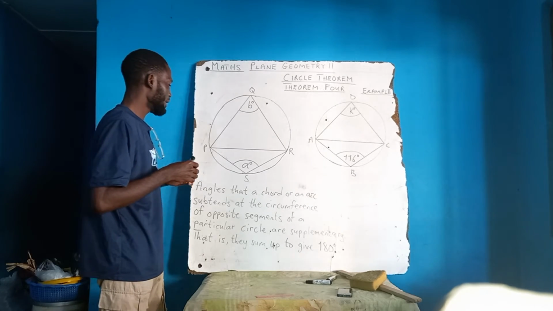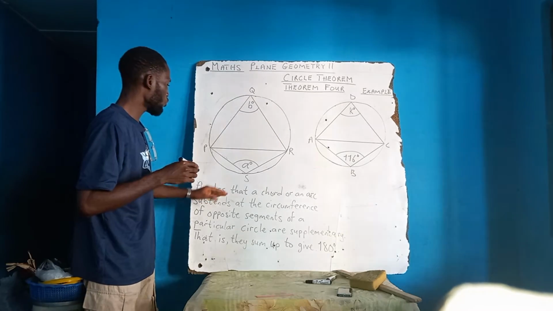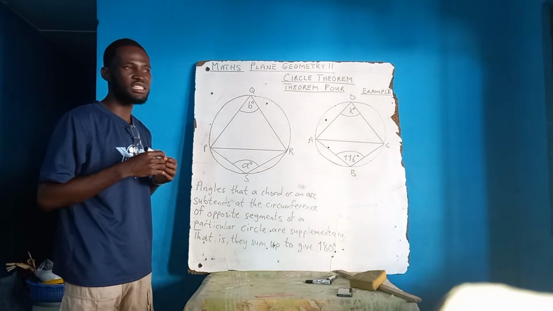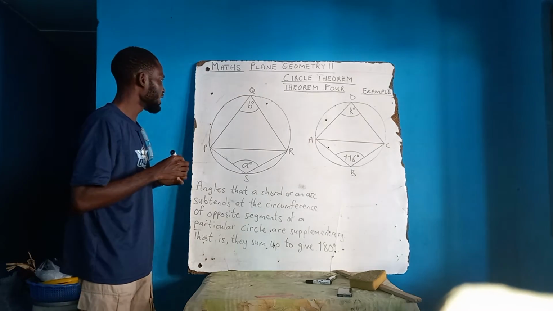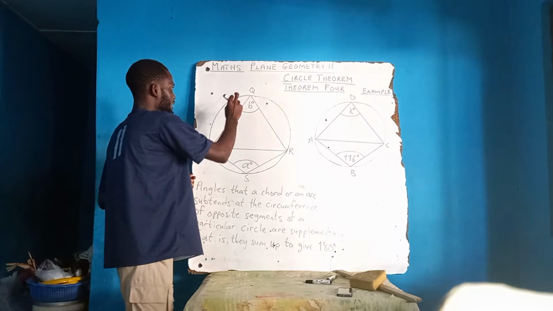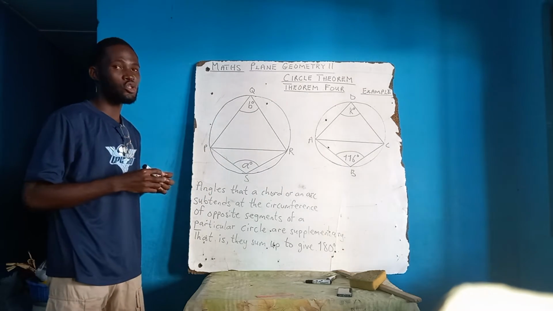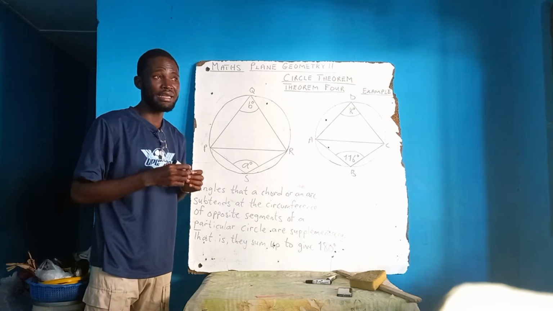Per what the theorem states, we are going to sum the opposite angles, angle B and angle A, and they should sum up to give us 180.